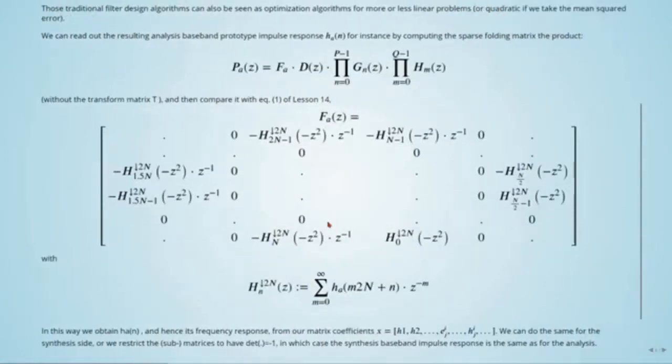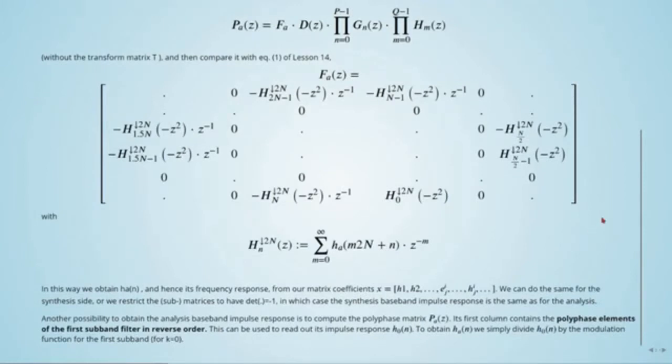In this way we can obtain HA of n, and hence its frequency response, from our matrix coefficients. We can do the same for the synthesis side, or if we restrict our matrices to have the determinant equal to -1, then the synthesis baseband impulse response is the same as for the analysis.